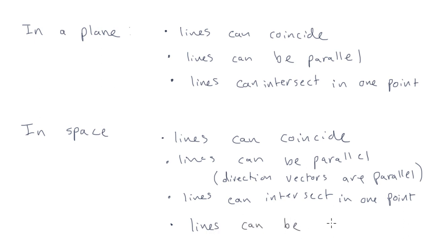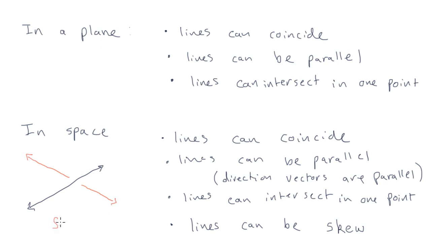They can be what's called skew. And so what I really mean by skew is they lie in different planes. But if you look at the picture, so if you have a line here, then I could have another line that goes kind of across it, but instead of going and intersecting it, it goes underneath it, like that.